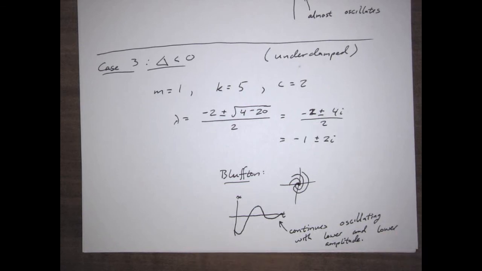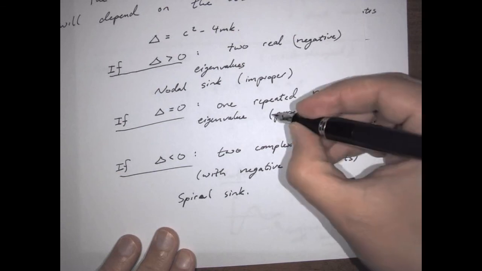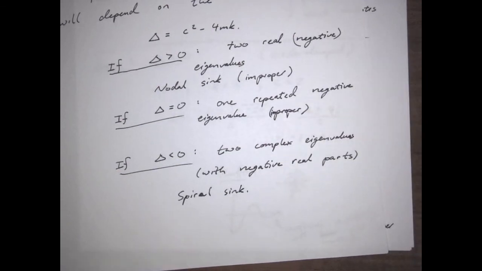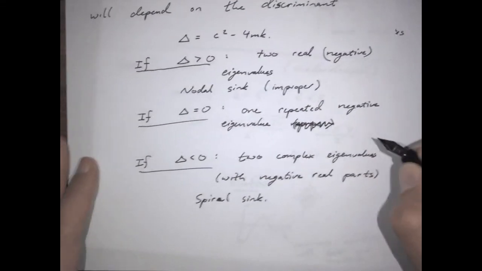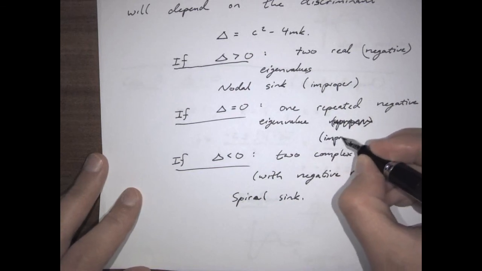And actually, at this point right now, if you would dig up the notes a few pages back, right here, this was a typo. It should be improper on the discriminant equaling 0 case. So this is improper.